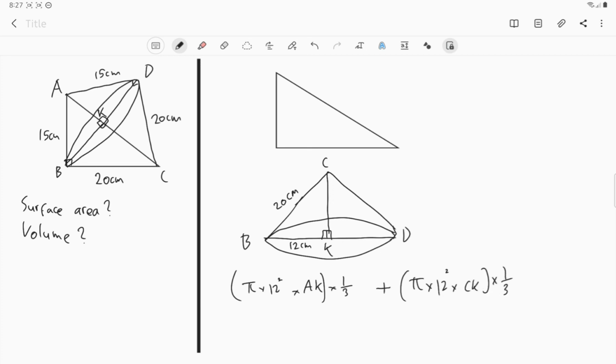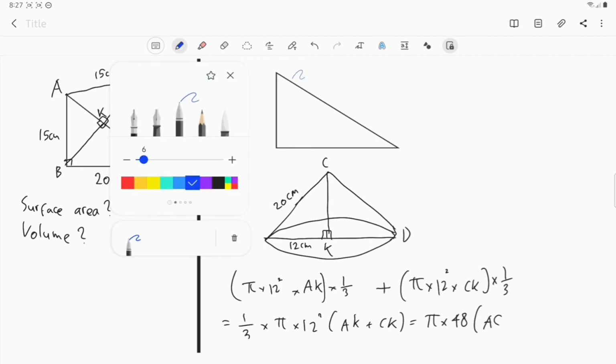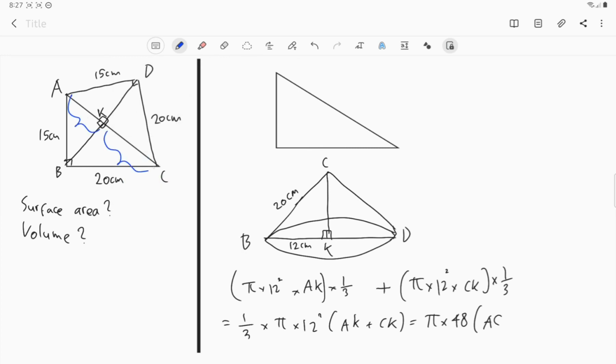If you realize, it can be simplified to a third times P times 12 squared times AK plus CK, which we can simplify again into P times 48 times AK plus CK, because AK plus CK is simply AC.